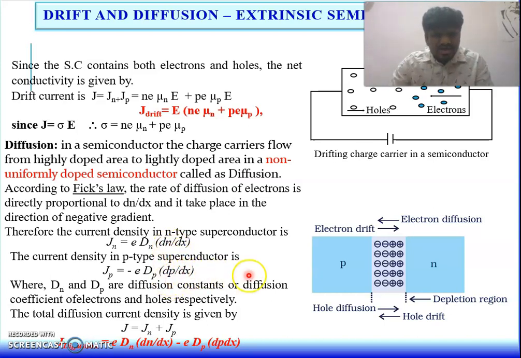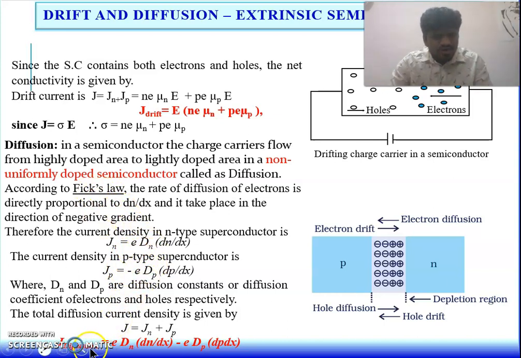In a semiconductor we already know that the flow of current is due to both electrons and holes. So the total current due to diffusion we can write as J is equal to Jn plus Jp. Here the negative sign indicates the diffusion current is in the opposite direction. This we can define using Fick's law.